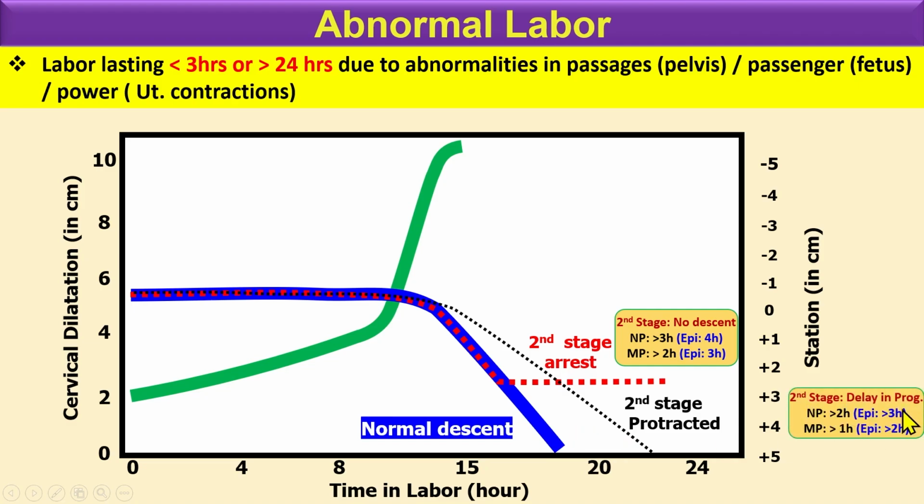If in the second stage the delay in progress is more than 2 hours in the nullipara and more than 1 hour in the multipara, this is known as second stage protraction, and this dotted line represents the complete failure of descent. So this summarizes the abnormal labor associated with the second stage.